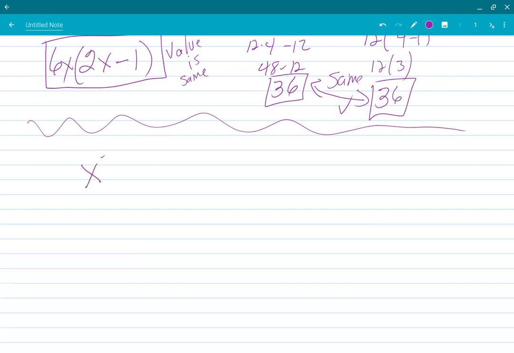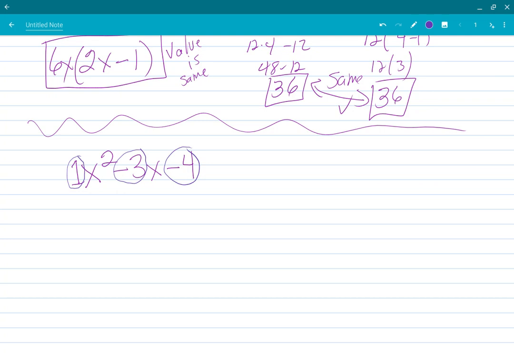x squared minus 3x minus 4. Okay. And there's a 1 here, right? Imaginary 1, right? So is there any number besides 1 that goes into 1, -3, and -4? Is there any number?